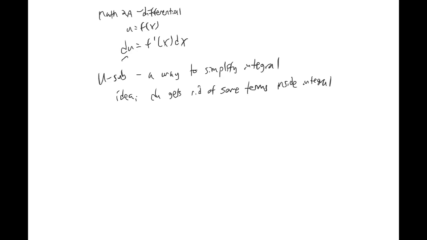If you let u be something and you notice that the derivative of that something is inside the integral, then you can get rid of it. So let me state the actual rule, the substitution rule.